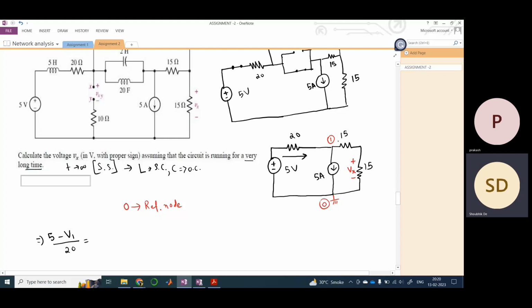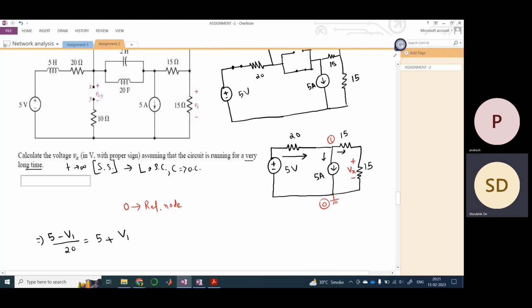Nodal analysis basically means incoming current equals outgoing current, right? So the current flowing through this part would divide into this path and this part, so I have two outgoing currents. One is this 5 ampere source current, and the other is the current flowing through this path, right?